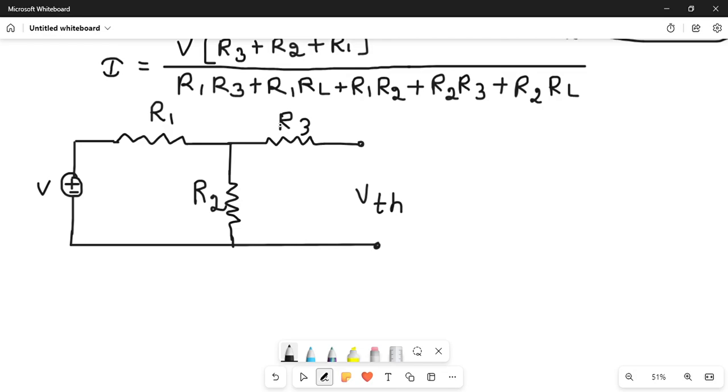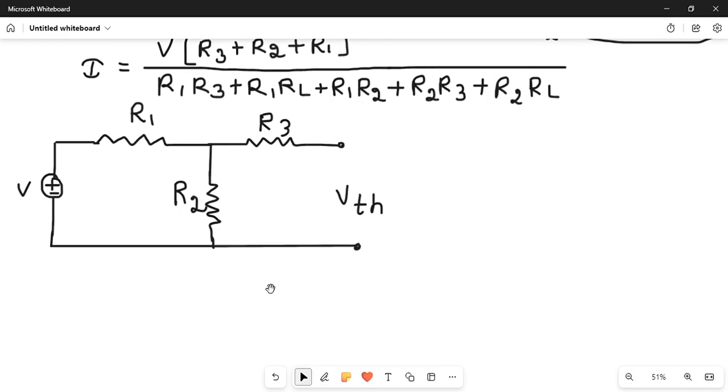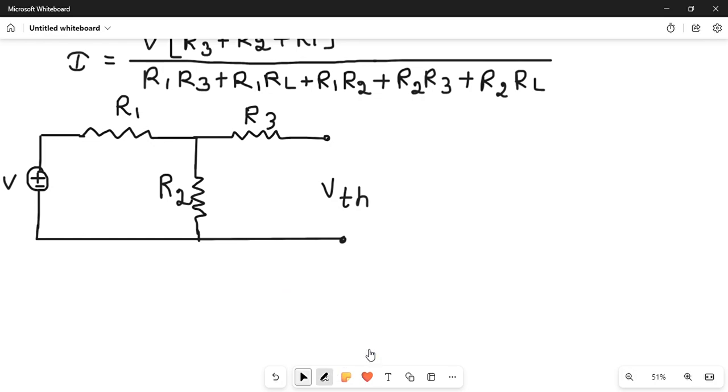The first step is over, and the second step says that we're going to find the open circuit voltage E naught or VTH or anything. So now let me find out VTH. So how to find out VTH? After you eliminate the load resistance and make it an open circuit, you will get one circuit for which you are going to decide which rule to apply, right?